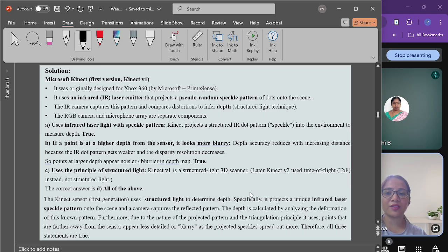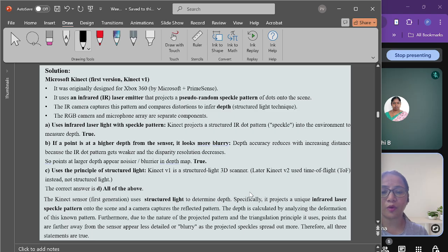As we increase the distance from the laser emitter, the pattern is not able to appear clearly on the scene. If we move some distance away from any light, the light becomes weaker, so we are not able to project directly, and the disparity resolution decreases.